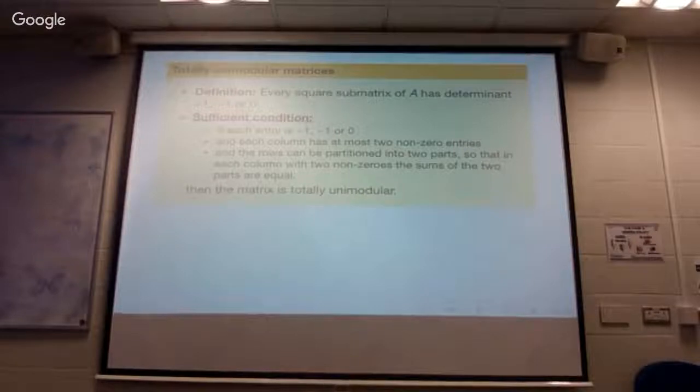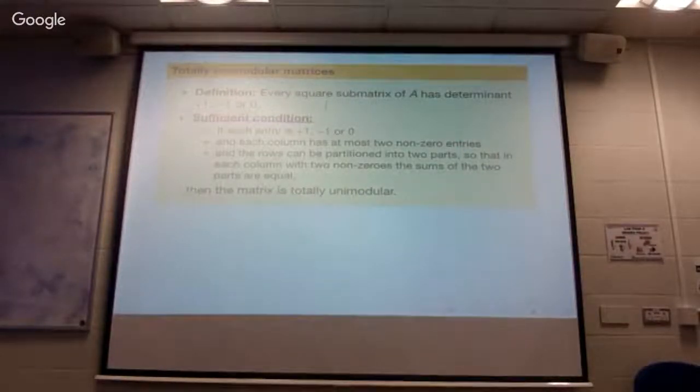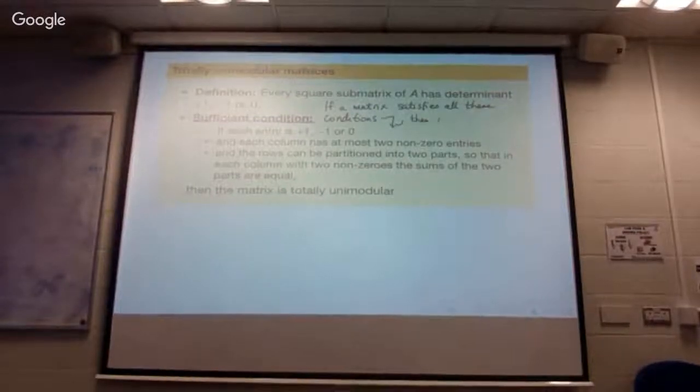A sufficient condition means that if a matrix satisfies all these conditions, then it is totally unimodular.